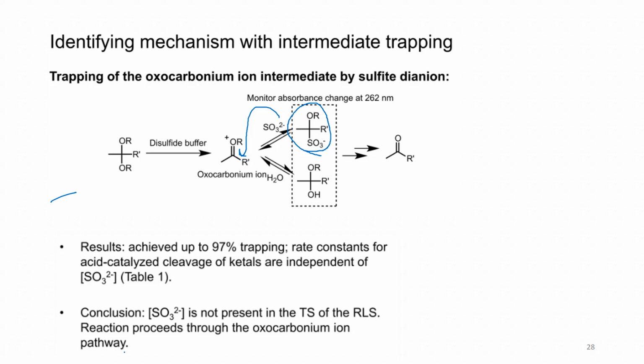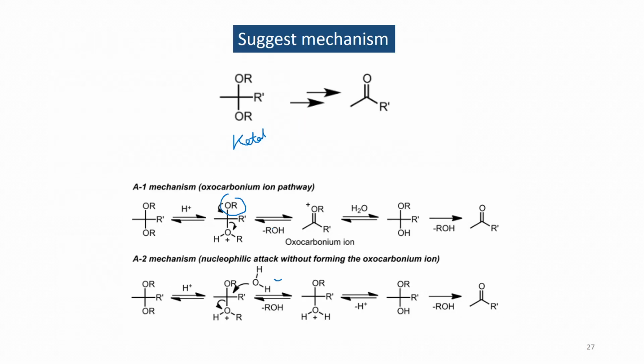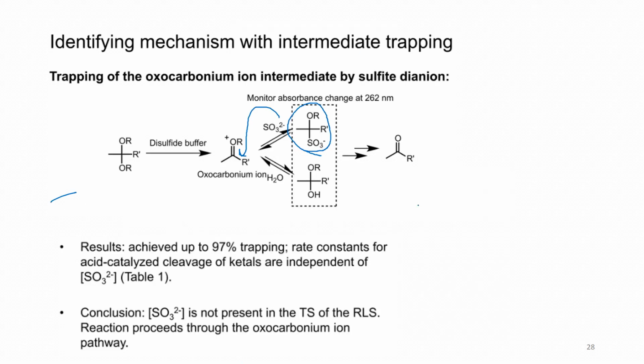So the reaction proceeds through an oxocarbonium ion, because if this type of intermediate is not formed, then we won't get this type of product while adding the SO3 2-, because in the other case the water is directly removing the OR from the system. So there is no probability of formation of that type of intermediate, while just by adding a sulfite anion we can get this type of intermediate, which supports the formation of this oxocarbonium intermediate in the reaction mixture.